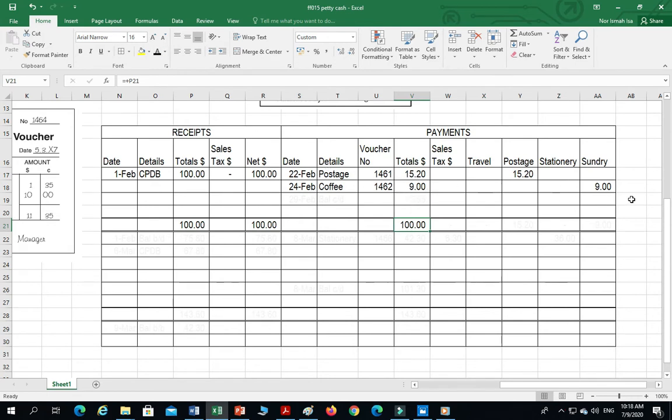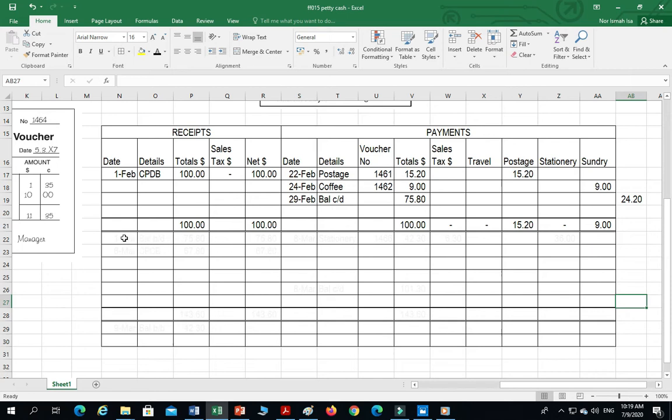And here we have the total amount for the vouchers being claimed, which is 24.20, meaning that the balance carried down is 78.80, and the total for each column is as follows.